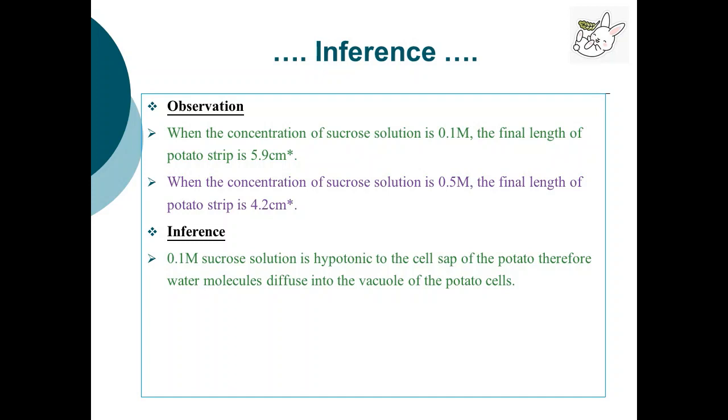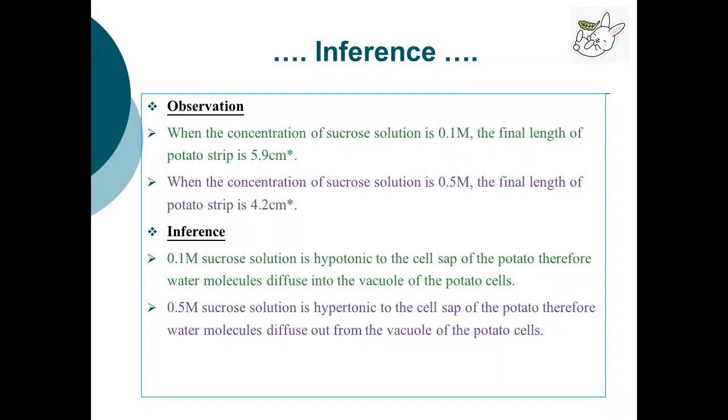Therefore, water molecules diffuse into the vacuole of the potato cells. Number 2, 0.5 M sucrose solution is hypertonic to the cell sap of the potato. Therefore, water molecules diffuse out from the vacuole of the potato cells.